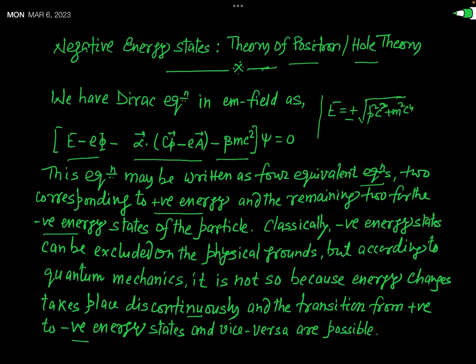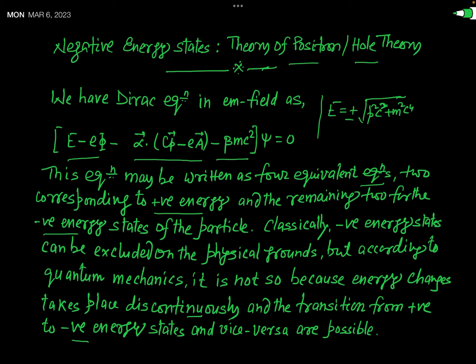So far, we have avoided facing this problem, but clearly a solution to the problem of negative energy states has to be found if the Dirac theory is to survive, as I have told you.